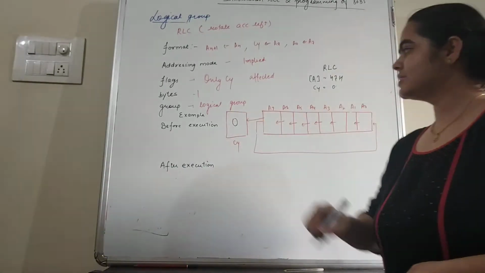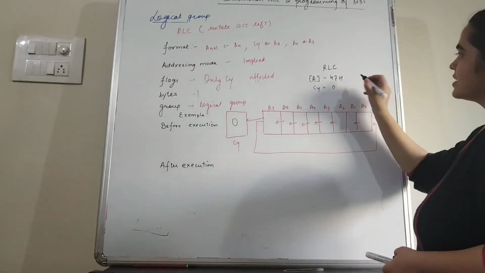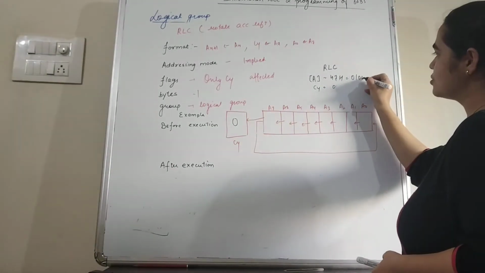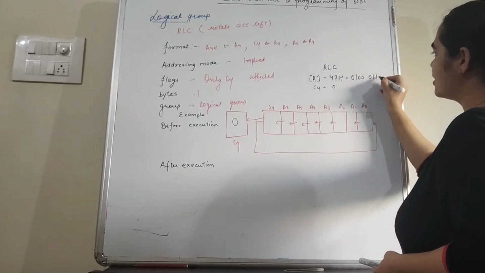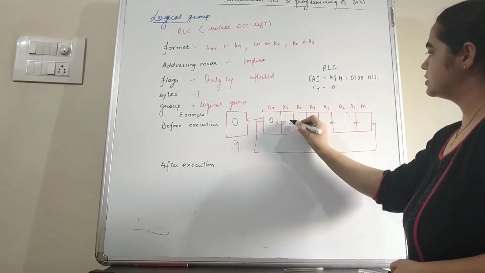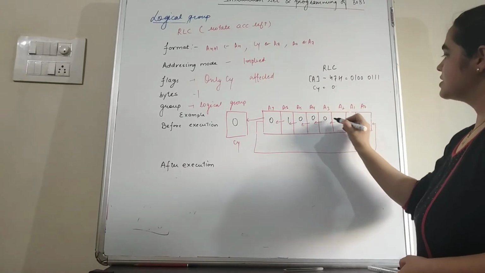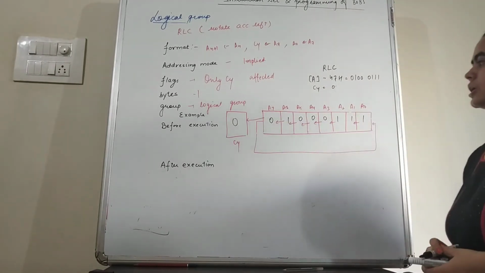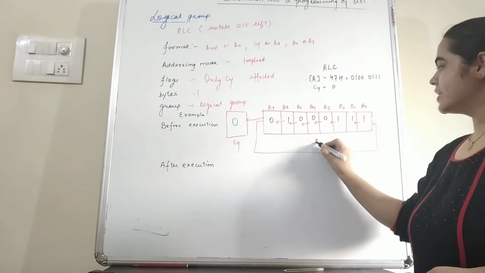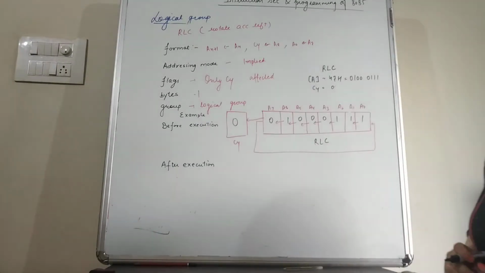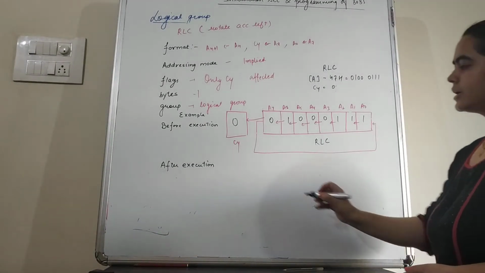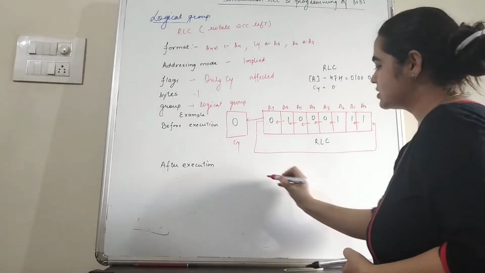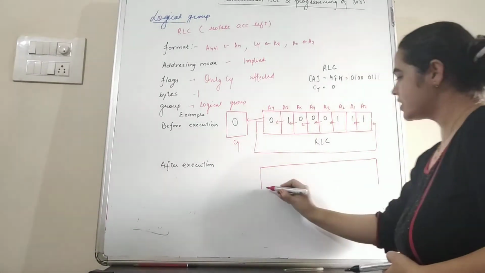So you can write 0 here, and 47 in binary is 0100 0111. So you can write it here: 0 1 0 0, 0 1 1 and 1. Now students, after applying RLC to this, what will be the contents? Now we can see the result.